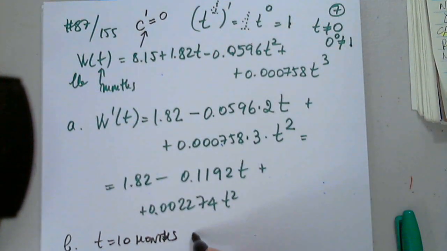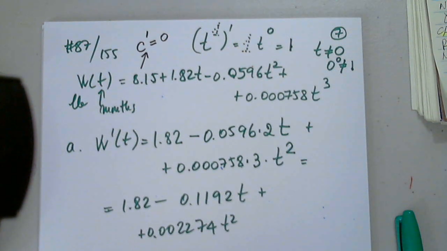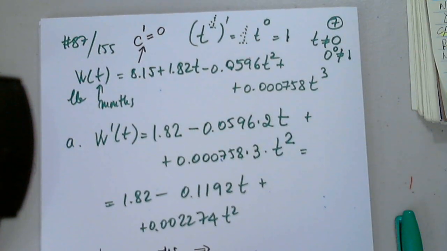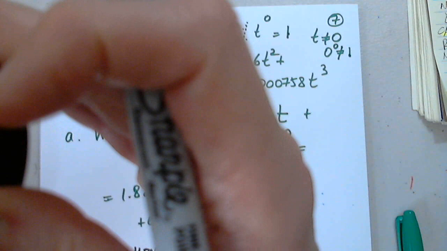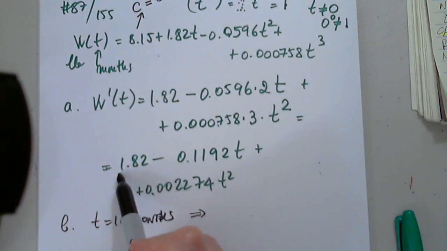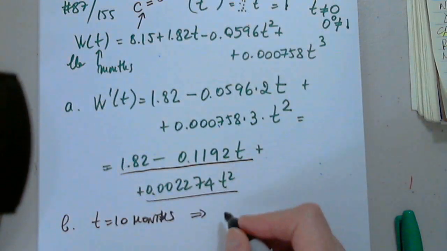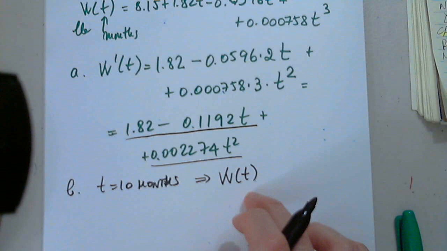So what am I asked to find? What do you think? You just plug it in. Yes, in which one? Because we have two functions now. The original. Yes, so in W of T, I need to plug in 10.